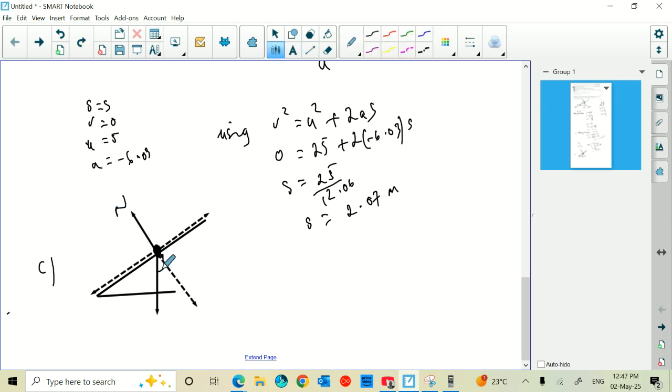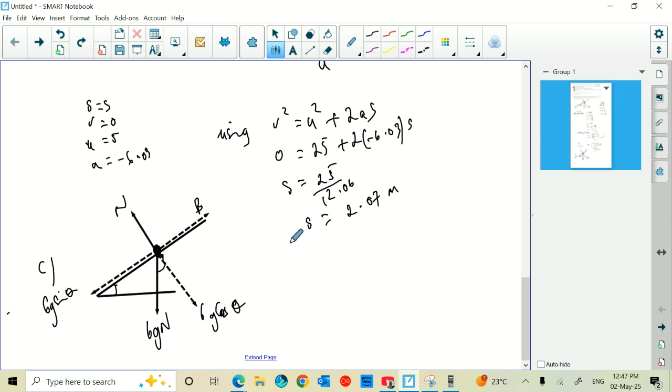This angle again is the same as this angle because of similar triangles. This is 6g sine theta. This is 6g cos theta, and this is 6g newtons. And this is now the point B, and C will be going somewhere in this direction.